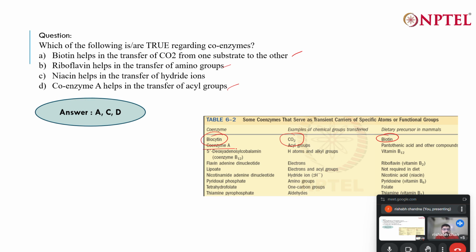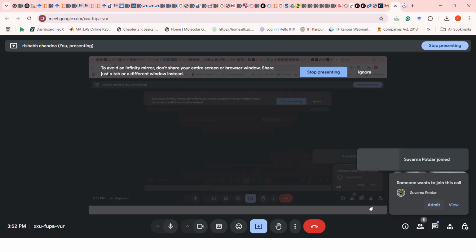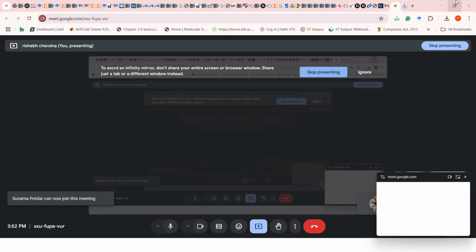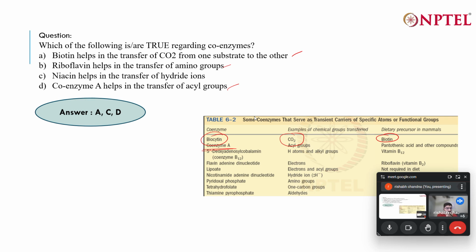Now the coenzyme A helps in transfer of acyl groups. Then we have coenzyme B12 that helps in transferring of the H atoms and the alkyl groups.